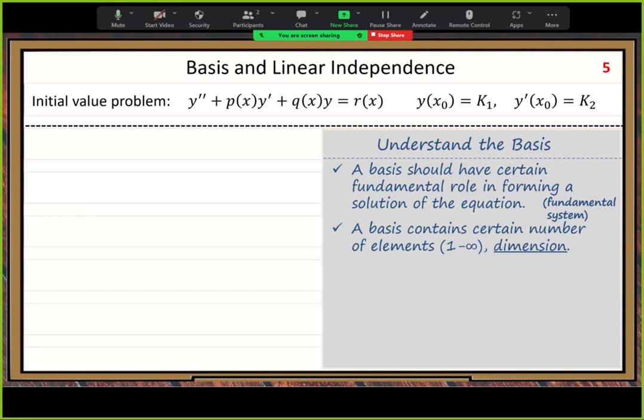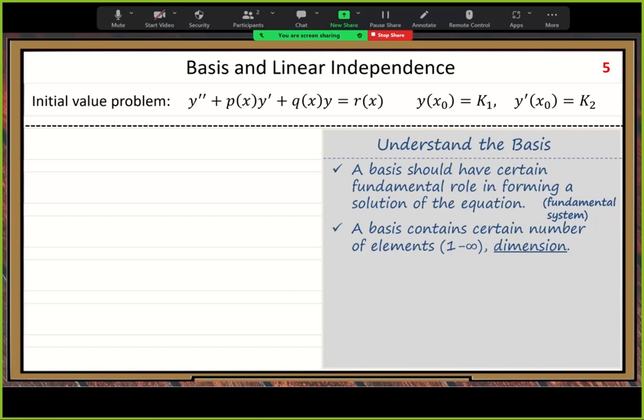Infinitely many functions is a possibility: for some solutions, we need infinitely many functions to represent the general solution. Fortunately, for this class we don't need that. We only need finitely many. For all of math, we may need infinitely many.